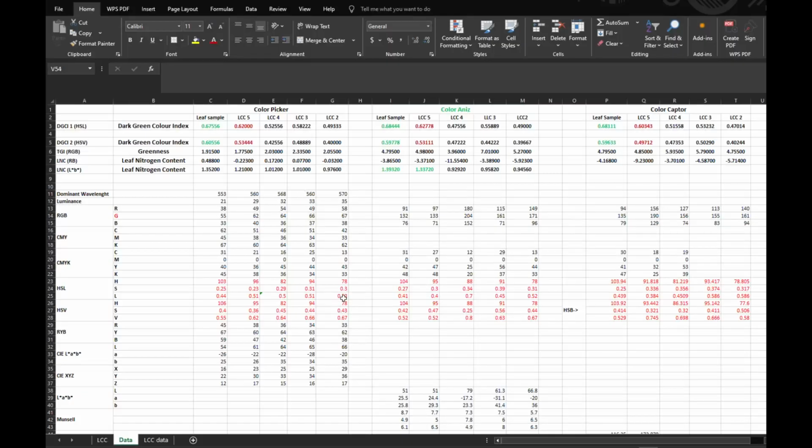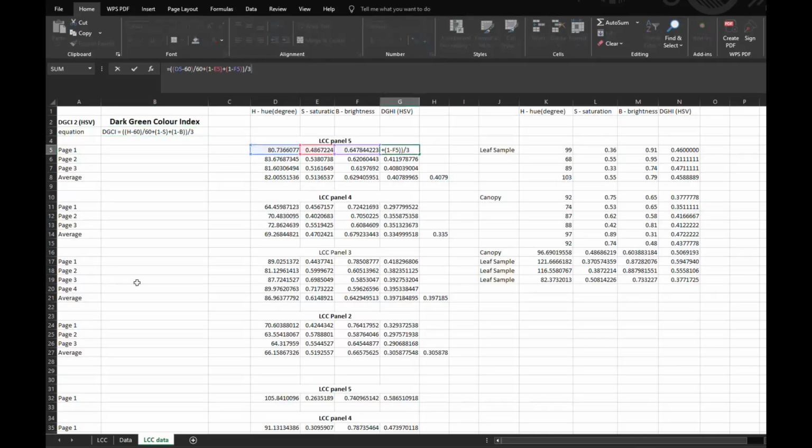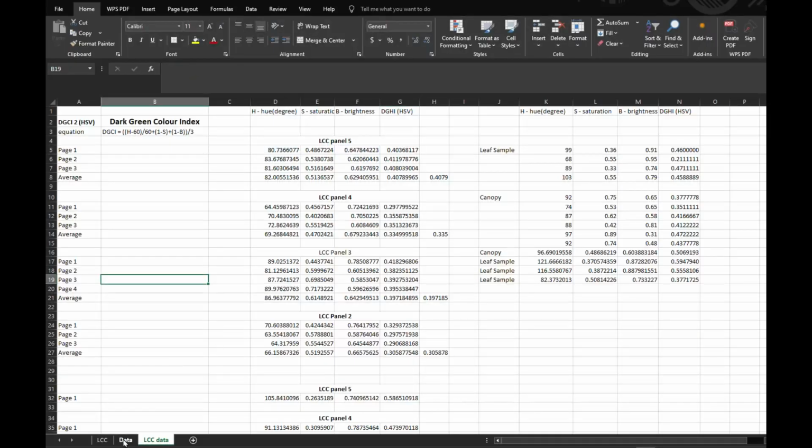So when we're dealing with dark green color index, like I mentioned, the equation is this part. So that's what it looked like. So I use this information or equation in all of these Excel spreadsheets. I just input data and it would just throw out the dark green color index.